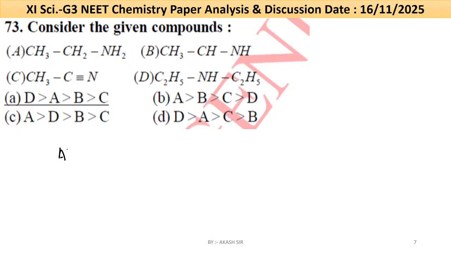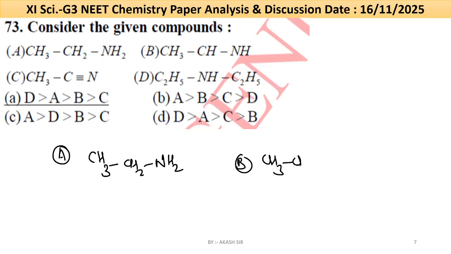We draw here option 1, that is CH3 bonded to CH2 bonded to NH2. This is the primary amine known as ethylamine. Now B is CH3, CH, NH.